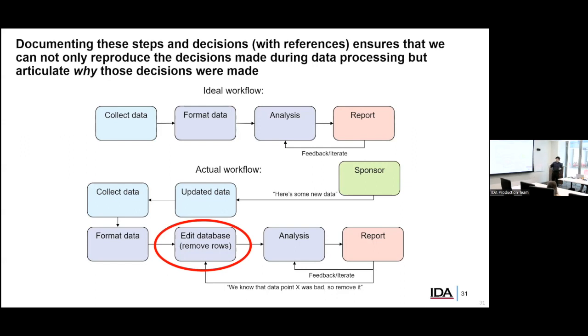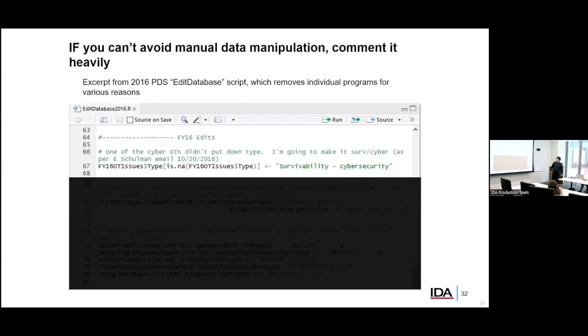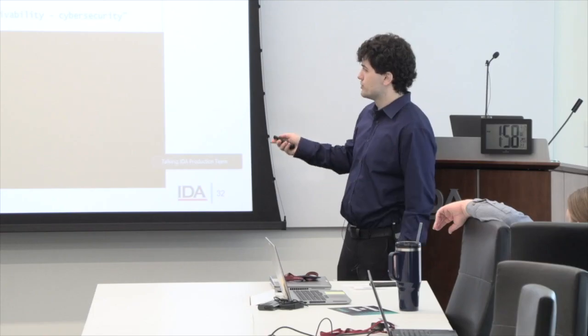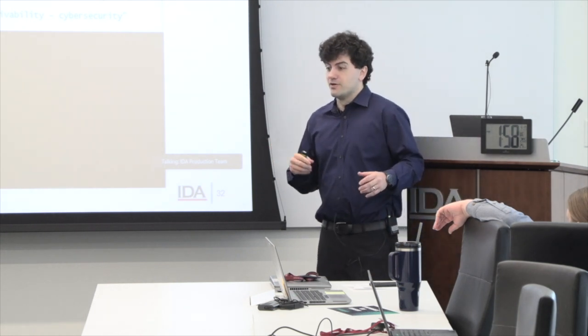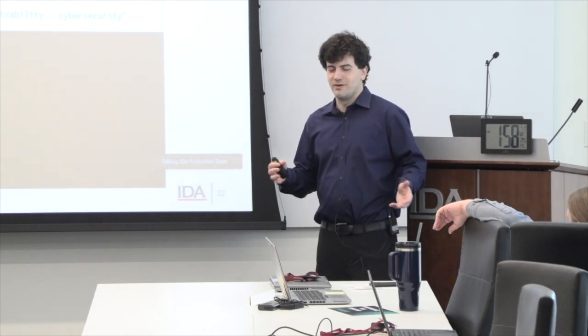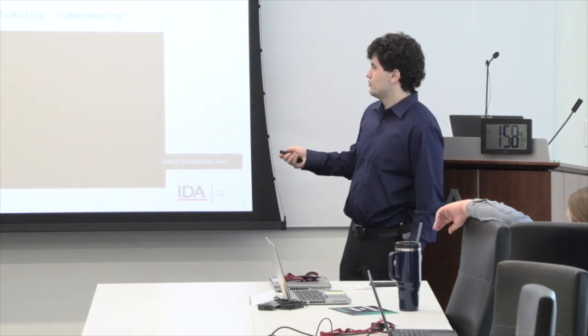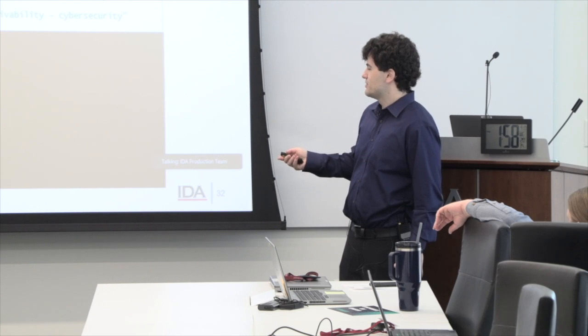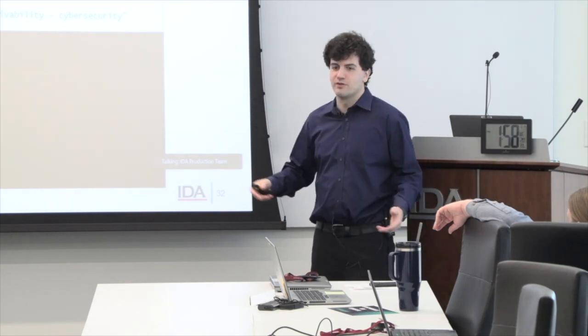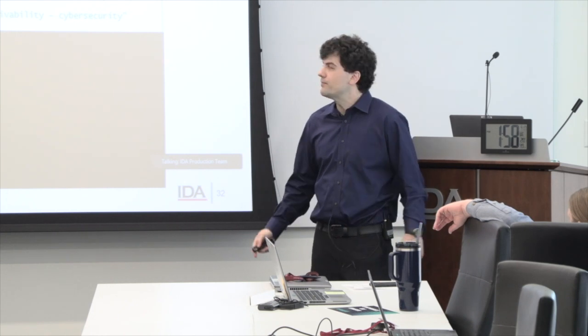Any steps that you do to your data, you want them to be very clearly documented to make sure that anybody can repeat them. Another important point is that when you're writing code, especially if you have a code snippet that does some arbitrary change to the data that you felt was necessary for whatever reason, you comment it heavily so that anyone who looks at the code is going to know what you did and why you did it.